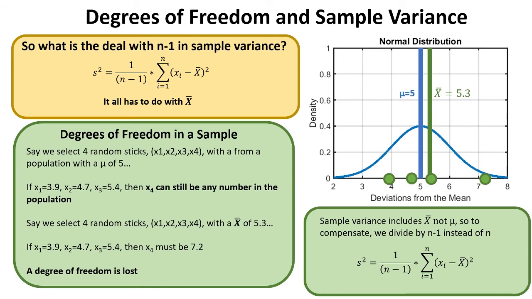And so x4 could still be any number in the entire population. But if we're using x bar, that means we have already done an estimate to get x bar into this equation, and therefore the final thing, x4, would lose its degree of freedom.